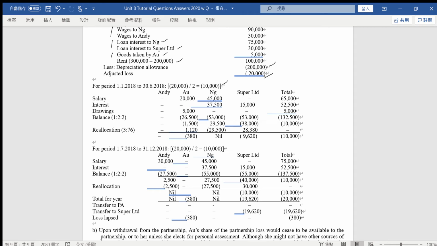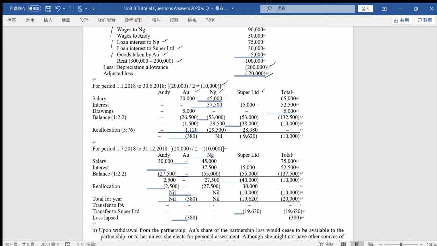After that, we construct the table to work out how much will be allocated to each of the partners. In the first six months, we have Super Limited. Then their salary, their interest, which is provided, and the drawings we put down.